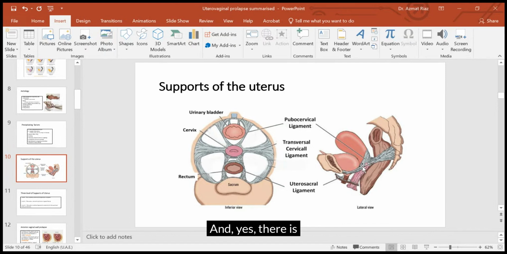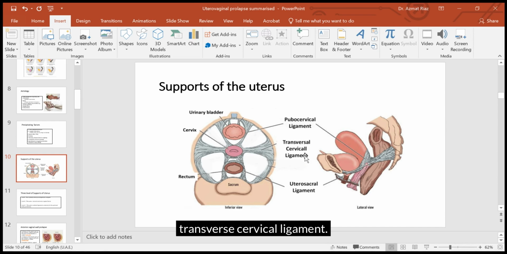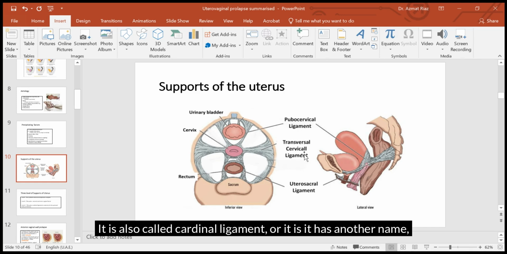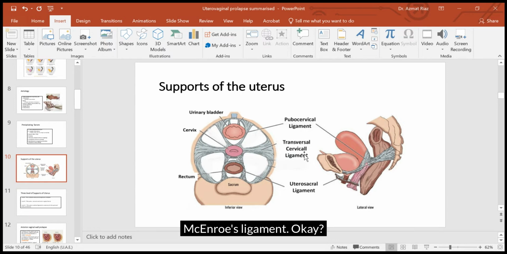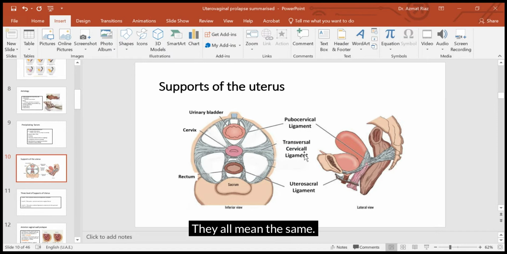There is the pubocervical ligament, there is the uterosacral ligament, but what is the main support of the uterus? It is the transverse cervical ligament. It is also called the cardinal ligament, or it has another name, Mackenrodt's ligament. Usually the most common name is cardinal ligament. They all mean the same.